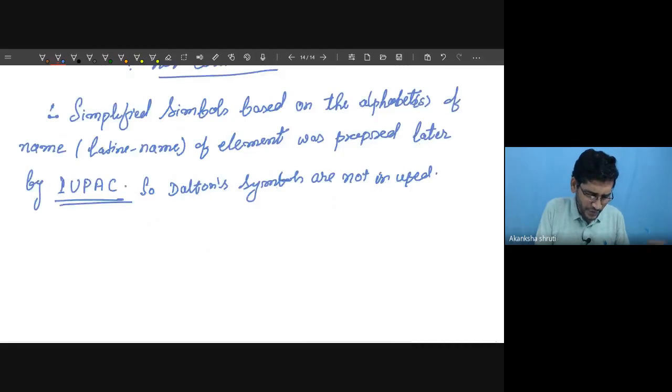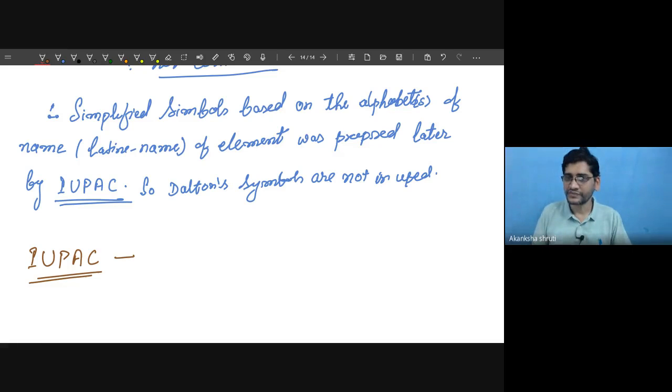What is this IUPAC, students? This IUPAC is a very important entity or organization which makes nomenclature and symbolic representation convenient, and many other things also.